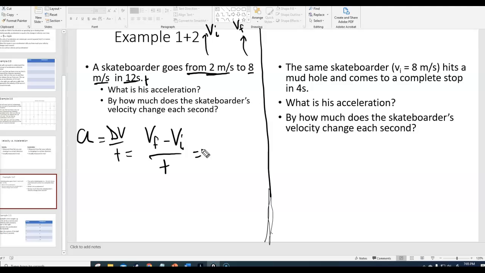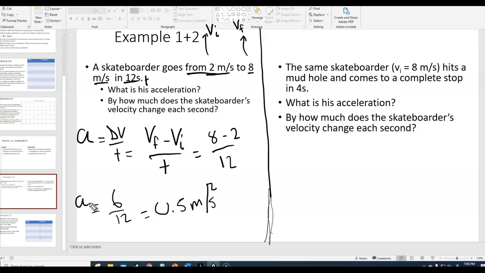So when I plug into this equation, vf is 8, v initial is 2, and then I'm just going to divide by 12 seconds. 8 minus 2 is 6, and 6 over 12 is 0.5, and the unit is meters per second squared because that's the unit for acceleration.